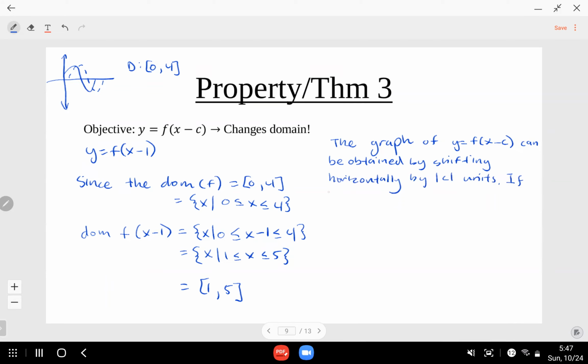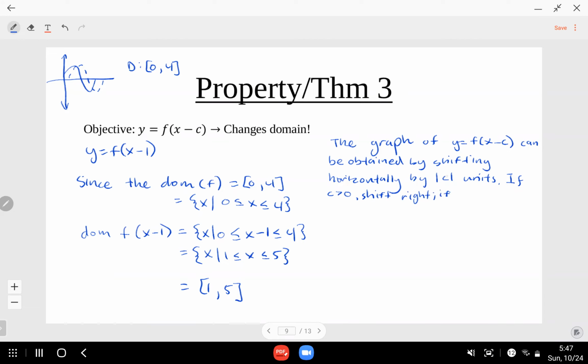If c is greater than 0, what do we do? We shift right. Now, what happens when c is less than 0?